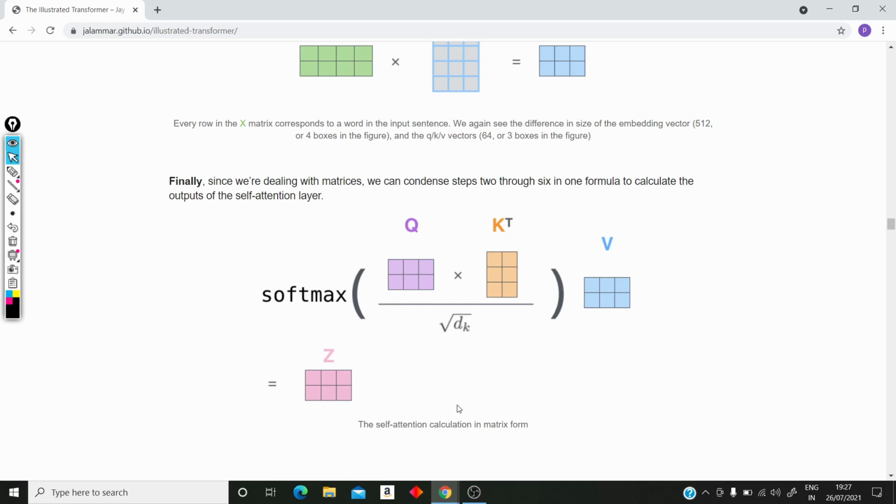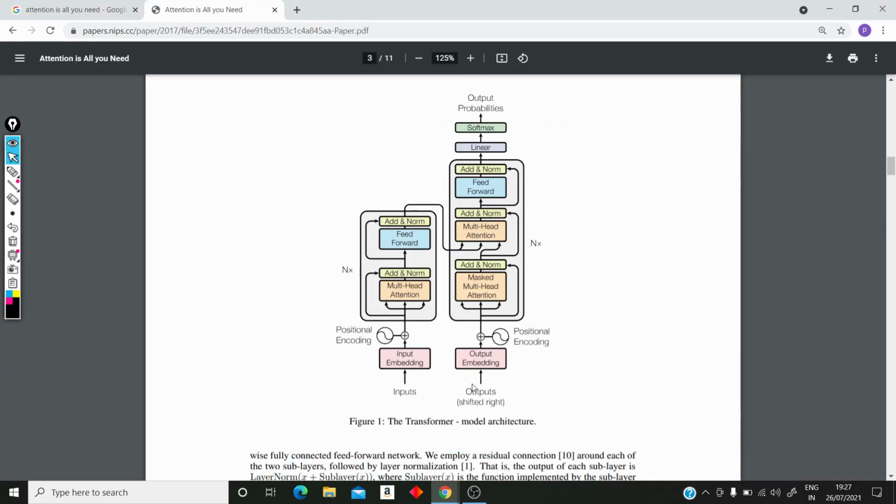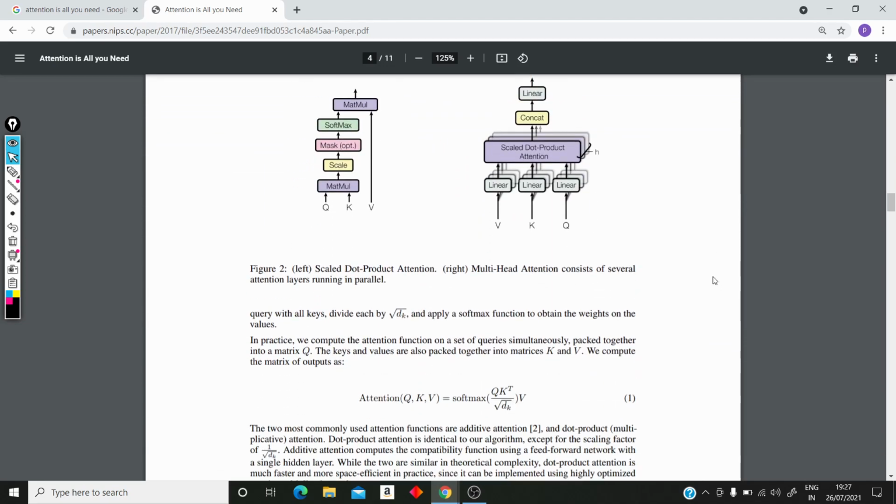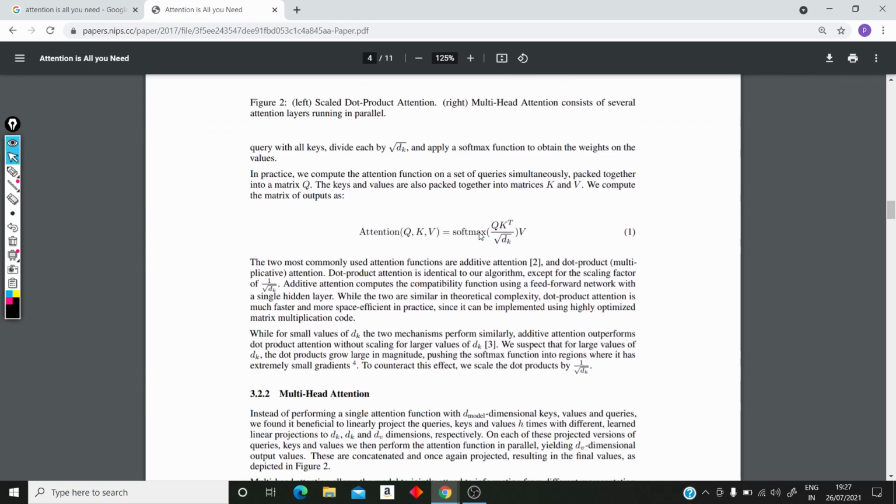So let me go to the paper here. Until now, what we discussed is this thing. I'll come back to the architecture later, but whatever we did here is called the attention function. Sometimes someone might ask you in an interview to explain the attention function.